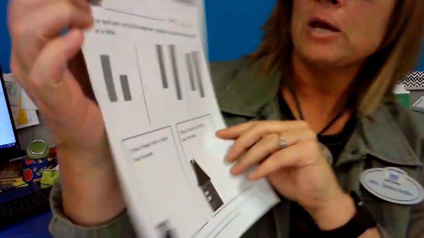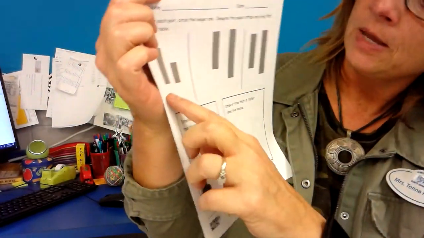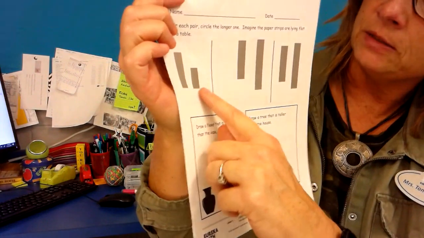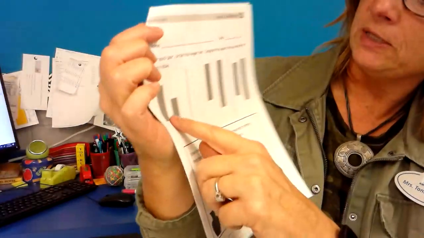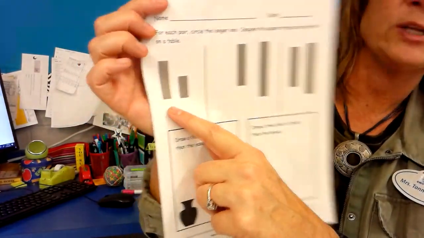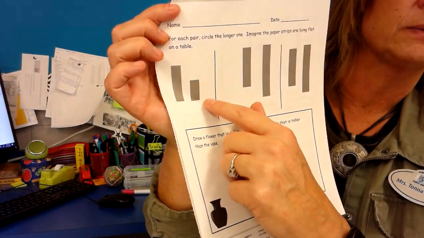Okay, that's great. So you can go around and compare your things at home, but let's take a look at your paper here. Okay, on this one, you see these pieces have the same starting point. So it's easy to tell which strip is longer.